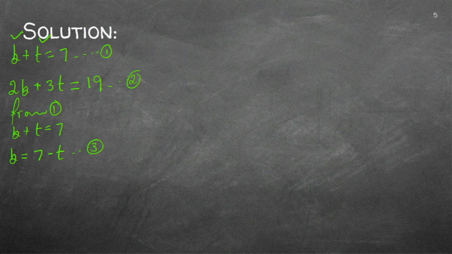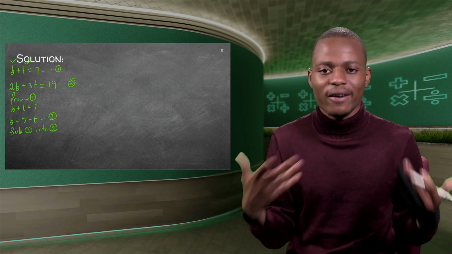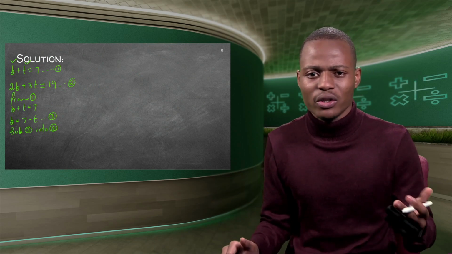So once you have equation number 3, guys, you can easily substitute equation number 3 into equation number 2, because we created equation 3 from equation 1. So we can't substitute back into equation 1. We substitute that value into the equation that we never used, which was equation 2.